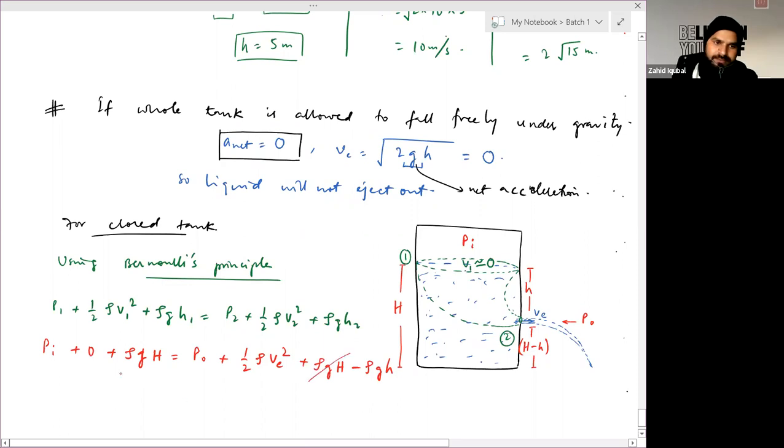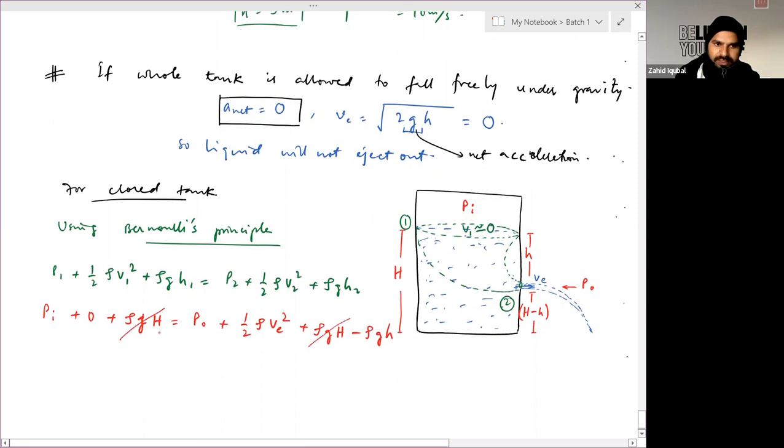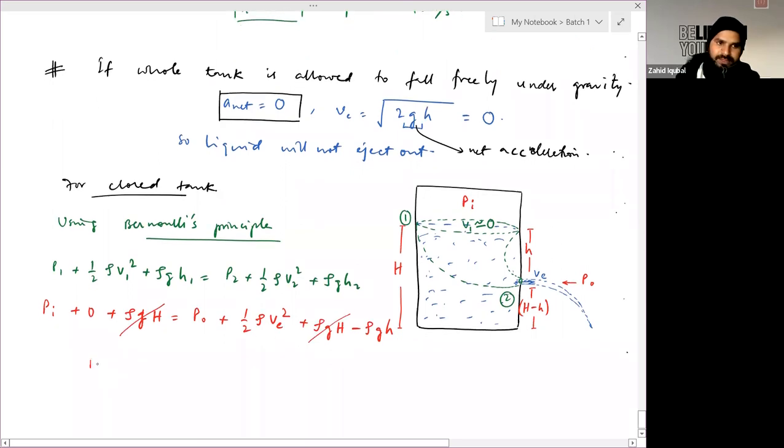This part will cancel out. Move this P naught to the left side. So Pi minus P naught. And also rho g h to the left side. You will get half rho velocity of efflux squared.